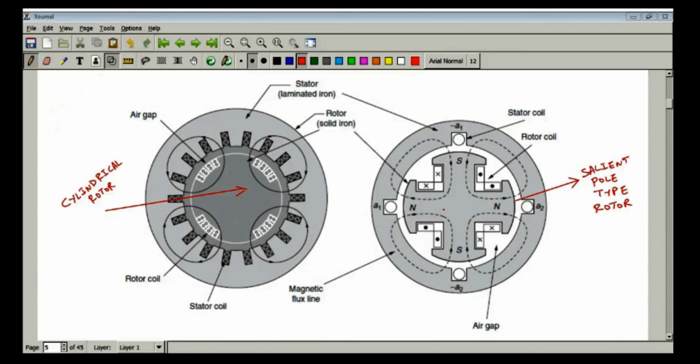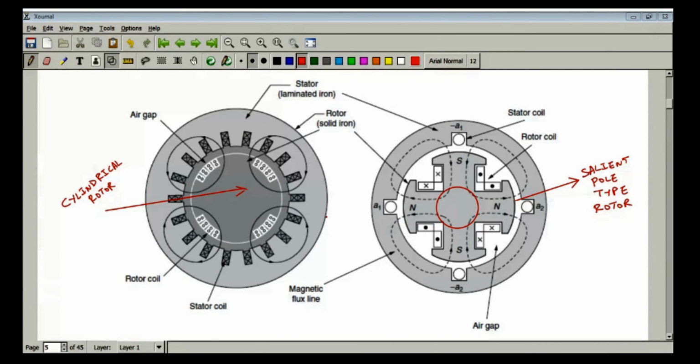So you see in salient pole type rotor the field poles are projecting out or they are sticking out from a surface. If I just draw like this, let's say this is our round shape. So you can see these poles are actually sticking out from this surface.